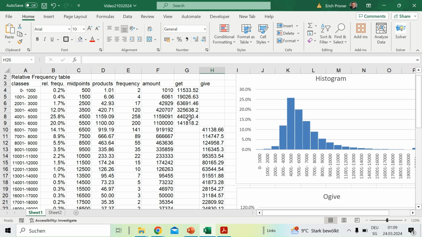Because this is the problem with the sheet so far: if you put in other data, a different relative frequency table, you might have only 5 poor classes, or 7 poor classes, or 8 poor classes. So it's not always the case that the mean is exactly here. And it means you would always have to check where the negatives start and then move to the right. It's a little awkward.